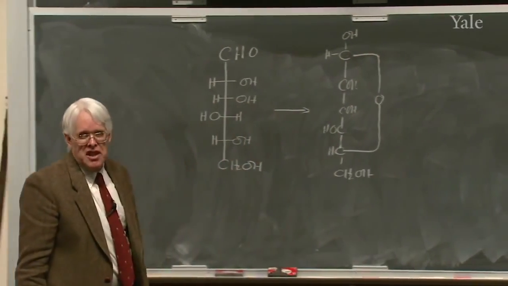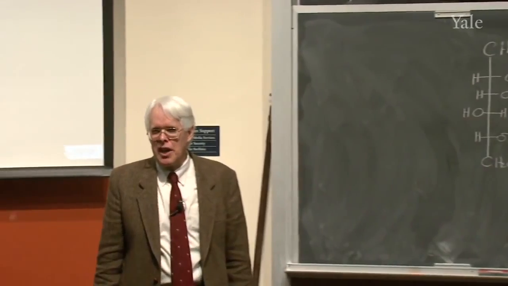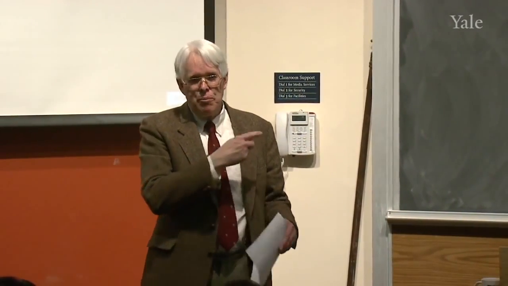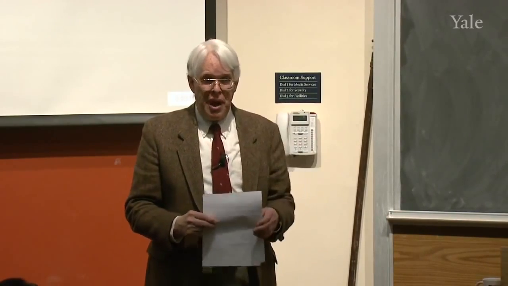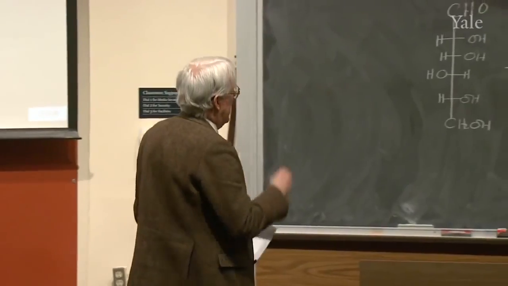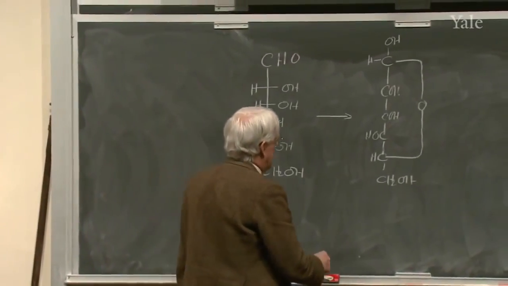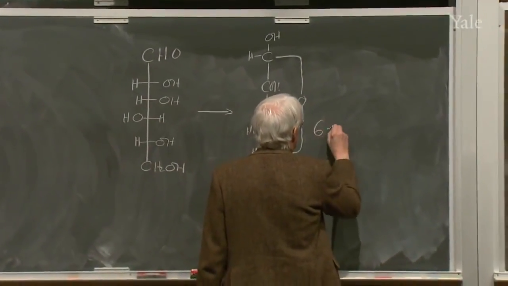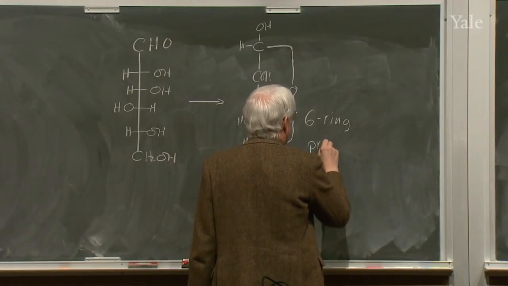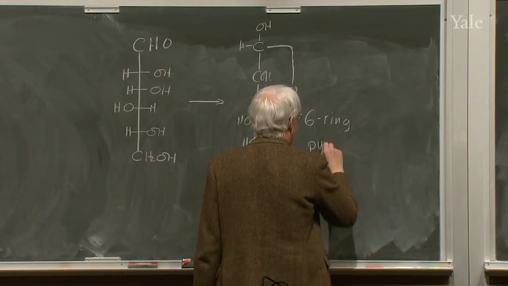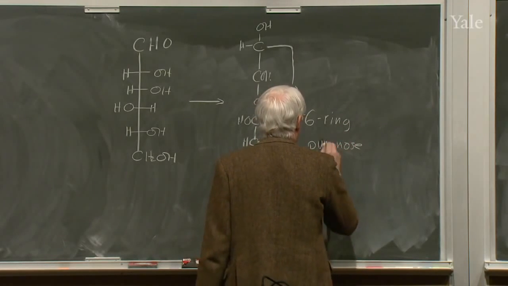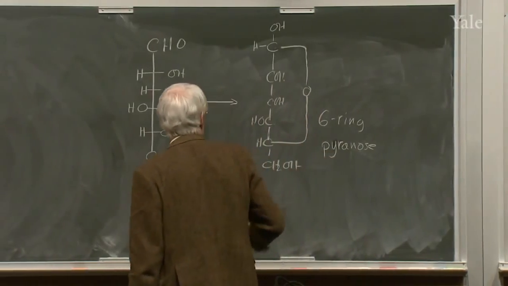But nobody thinks I'm trying to draw what it actually looks like. In fact, it's a 6-membered ring. It would look like a cyclohexane. But just for purposes of showing what's bonded to what, it's often drawn that way. Okay, so that would be a hemiketal, and it's a 6-membered ring, and that thing is called a pyranose when it's a 6-membered ring.